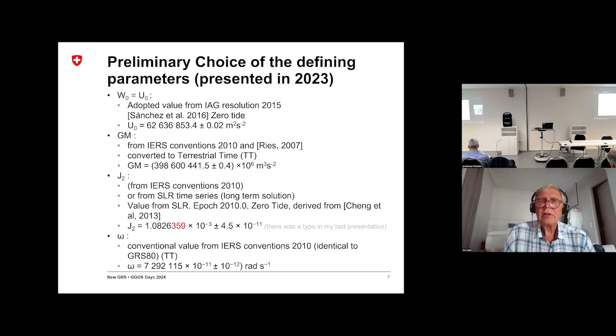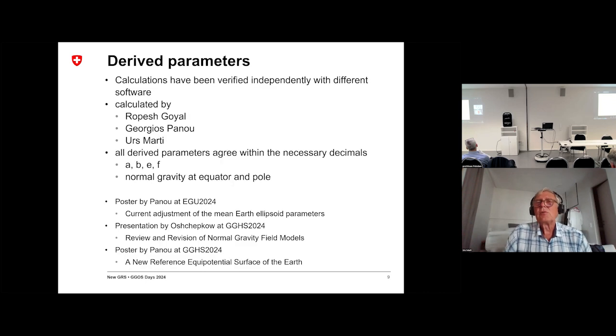Last year, I made the first choice of these defining parameters, and then we checked all the derivations of derived parameters. So we have verified all these calculations independently, especially Ropesh Goyal and George Banu helped me in this.